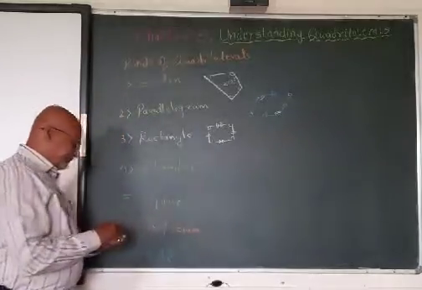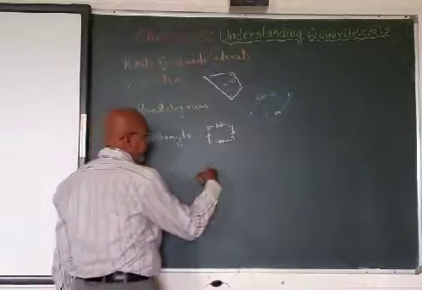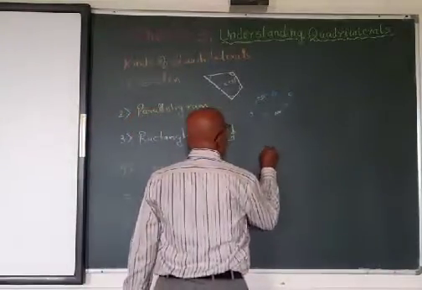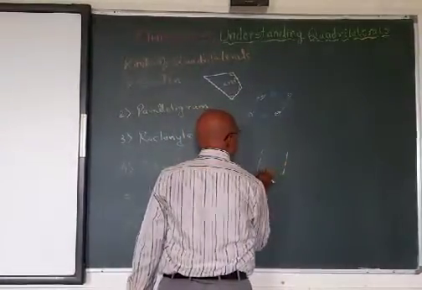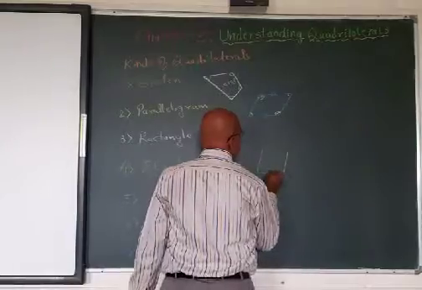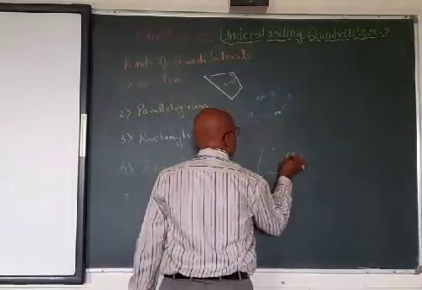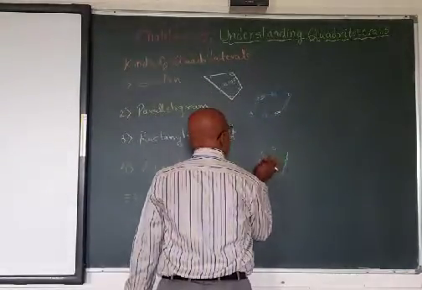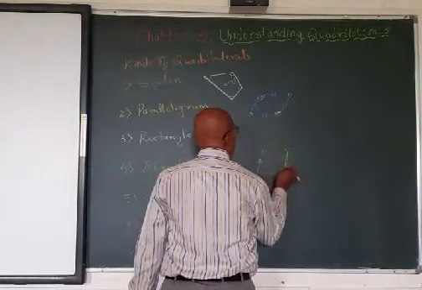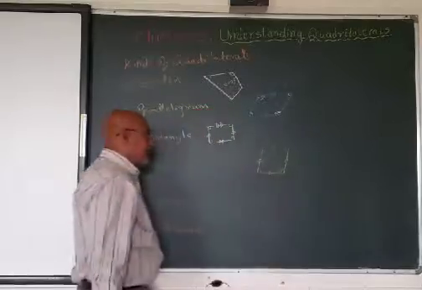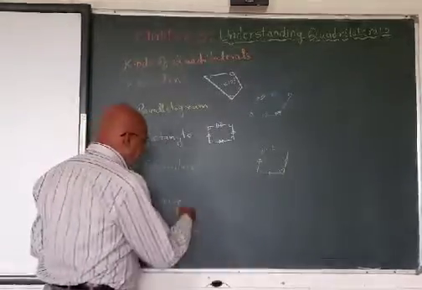Rhombus. In rhombus, what do we have? I will draw the rhombus here. In rhombus, all four sides will be equal and the opposite sides are parallel to each other. The opposite angles are equal. So this is rhombus. Then comes square.